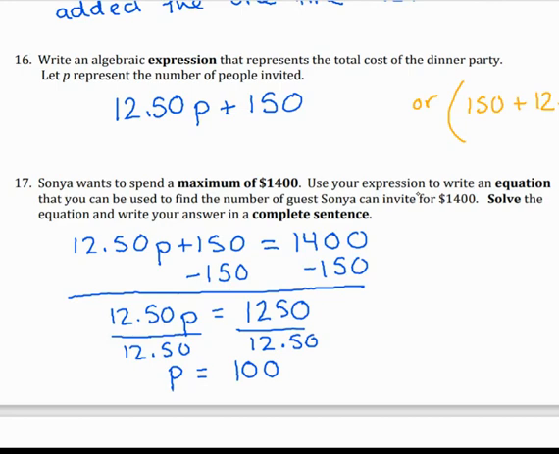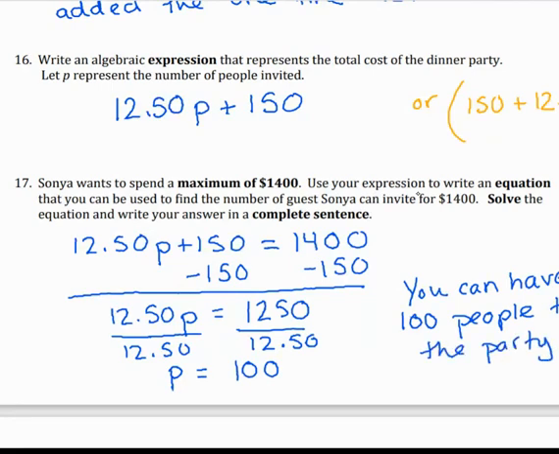It says P equals 100. What did P stand for before? People, exactly. So that means that you can have 100 people to the party. Good work. Any questions?